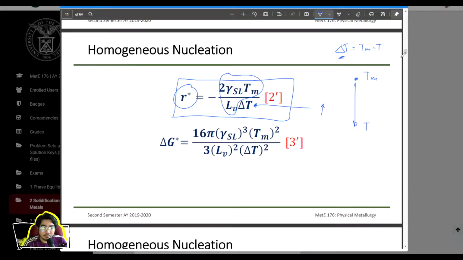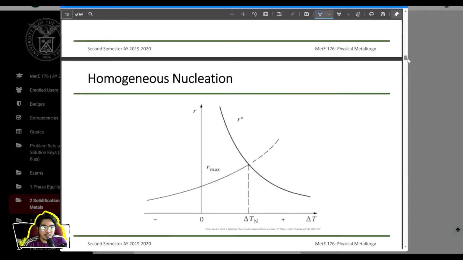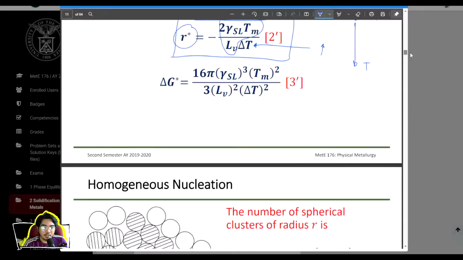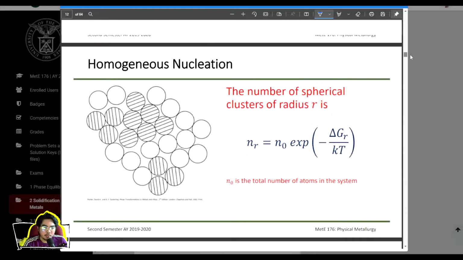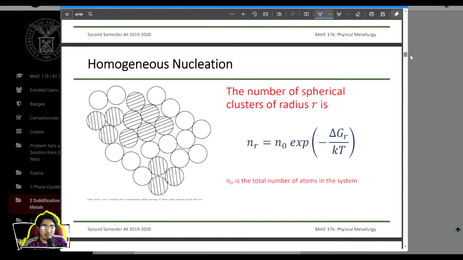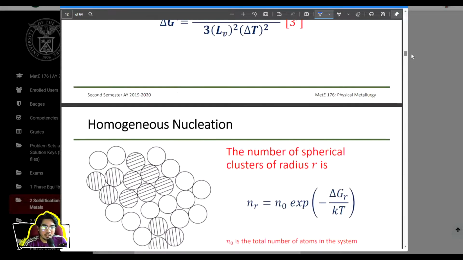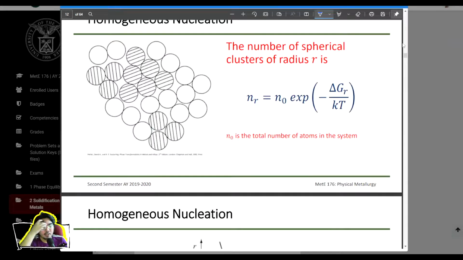Okay? So, yan. Then we can estimate as well, and I won't go into much detail dito, pero you can estimate the nucleation rate as well, and we can relate it with delta T, no? So let's look at how delta T affects the nucleation rate.